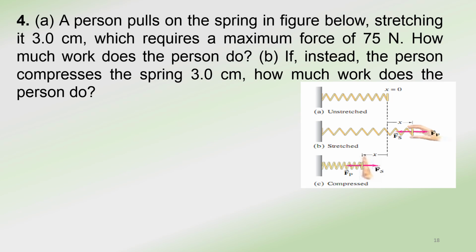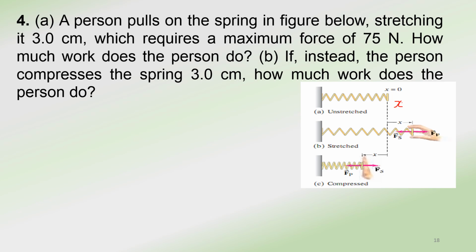And in C, the spring is compressed the same distance x. The force on the spring Fs and the applied force. Then we are given that a person pulls on the spring in the figure below, stretching it 3 centimeters. This means that the stretched distance x is equal to 3 centimeters.